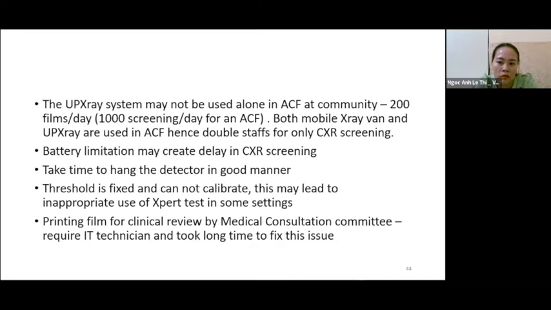For the first time, it took time for us. It took about 1 month, with support from an IT technician at the hospital, to fix this issue.